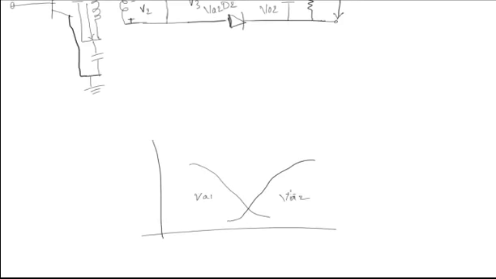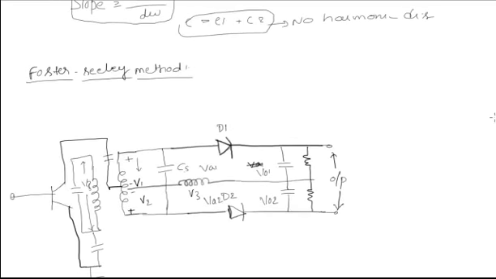This type of discriminator is called the Foster-Seeley discriminator. This is most widely used and the circuit arrangement is as shown here. Here we use two diodes in addition to the previous method. The advantage of this capacitor is that it blocks DC from primary to secondary, and the other advantage is it couples the signal frequency from primary to the center tapping of the secondary.